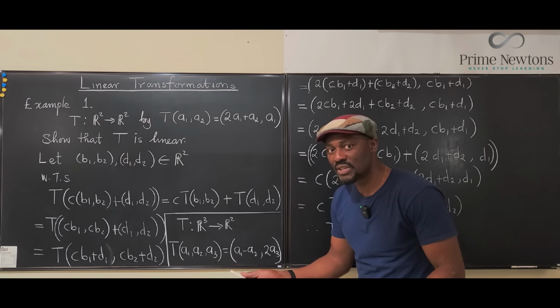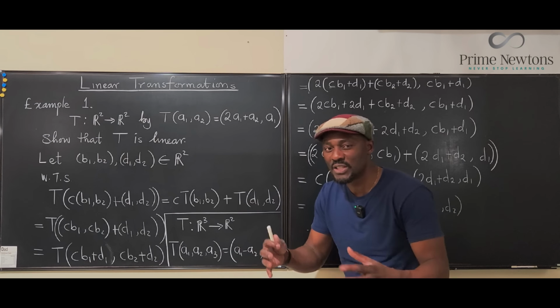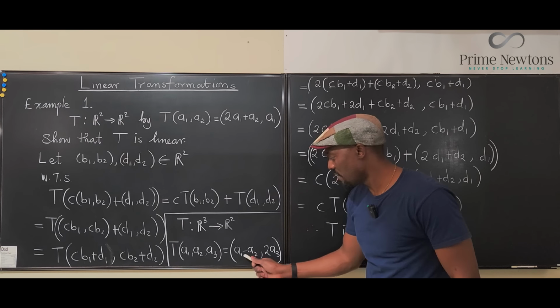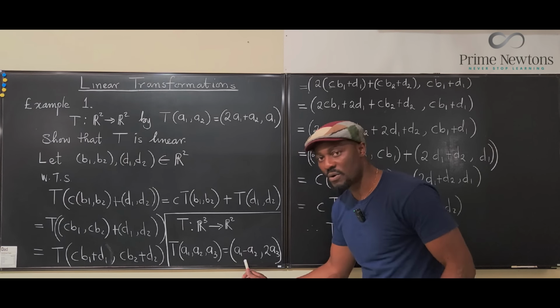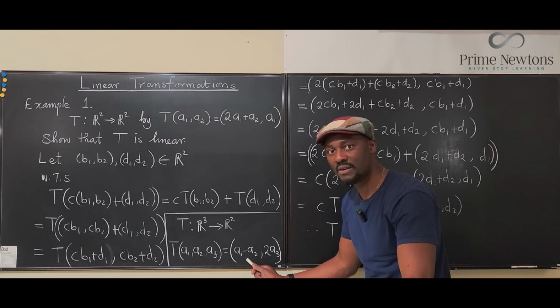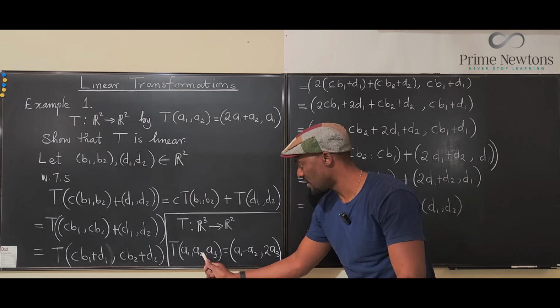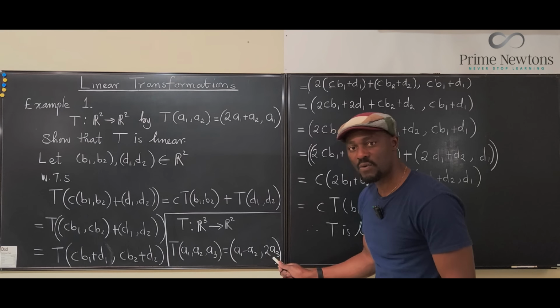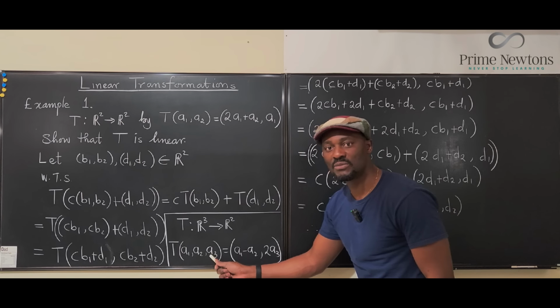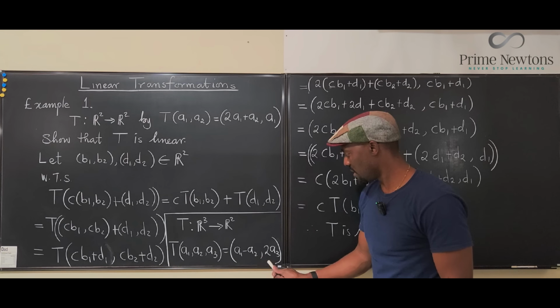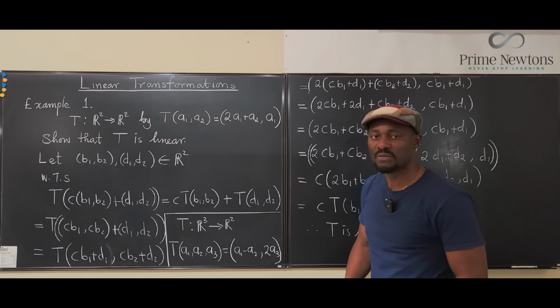And then it shrinks into 2 dimensions, because one of them vanishes. In R2, you form the first component by subtracting this from this. And then to form the second component, it's just 2 times the Z component here. So we want to see if that's a linear transformation or not.